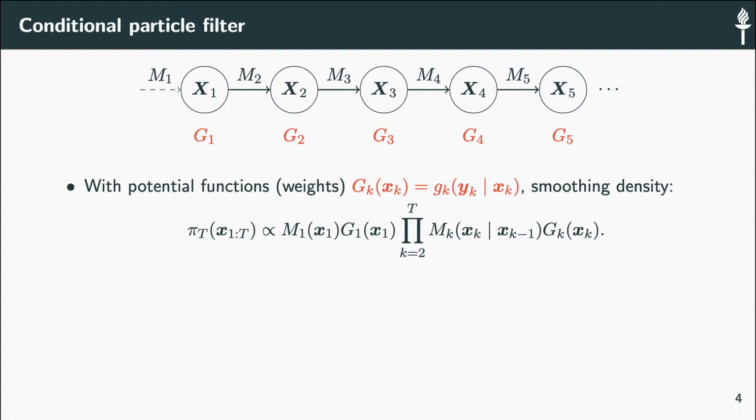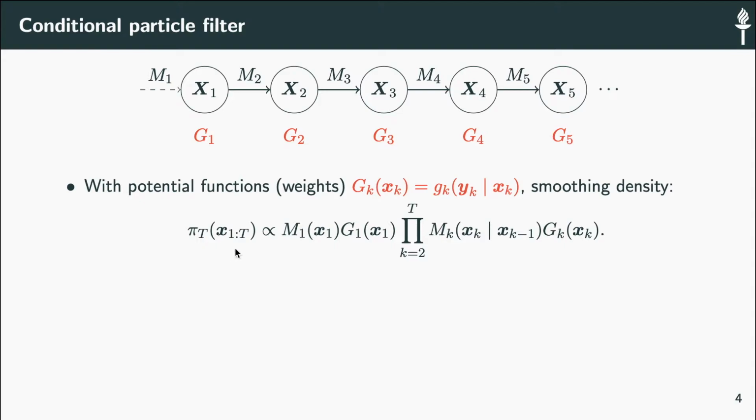Let's focus on the conditional particle filter then. What is that algorithm? That algorithm works for the hidden Markov model, but we simplify it a little bit. In fact, once we fix the sequence of observations, we can fix these potential functions g_k, which are just these functions evaluated at the different points x_k.